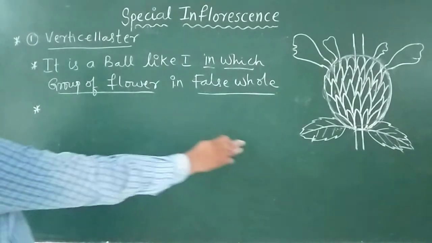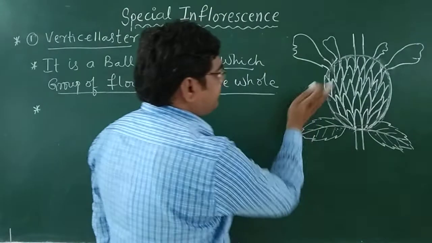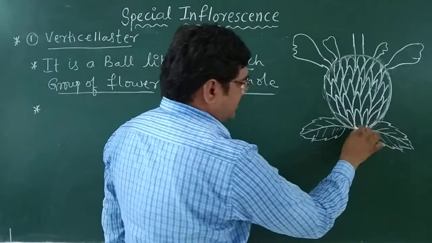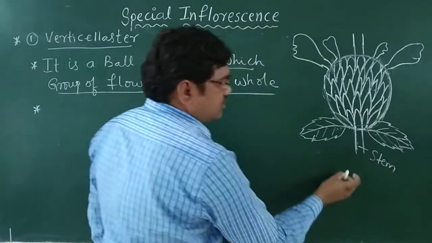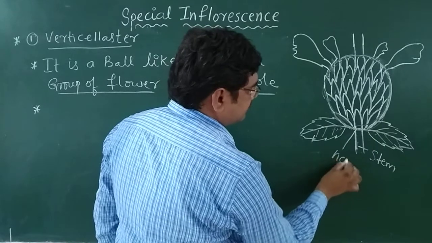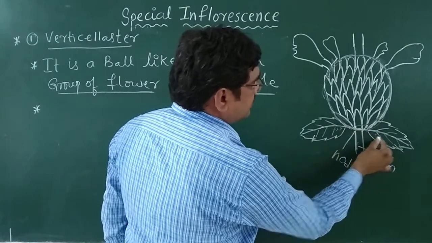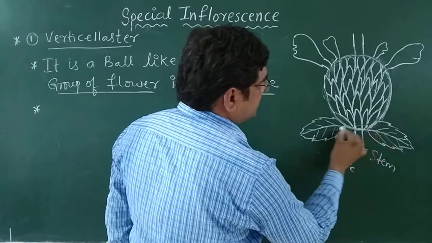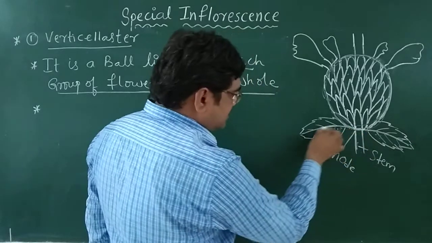So here this is the inflorescence, a special type of inflorescence, verticillate aster. This is the stem, and on the stem, this is a node. At the node, two leaves are arranged in the opposite direction. From this side, one leaf, and from this side, one leaf.